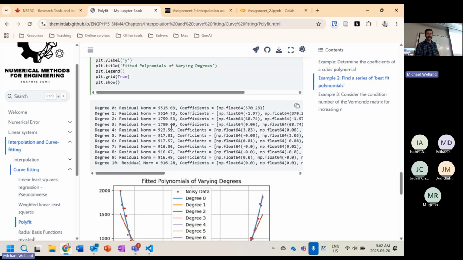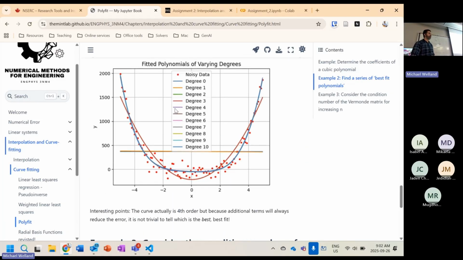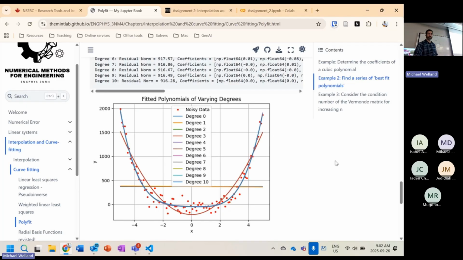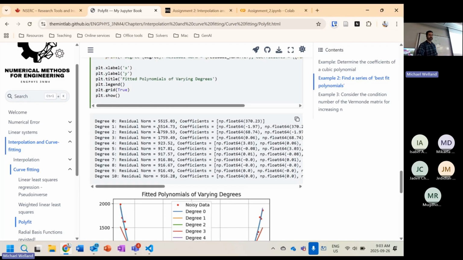But if you look at the norm of the residuals, right? What you're going to see is that degree 0 polynomial is a constant. Degree 1 is a line. Is this a line? No, obviously. Well, there is the line, actually. There's your straight line. There's also the degree 0, right? Obviously, the quadratic is pretty good, and you can already see that in the residual norm.